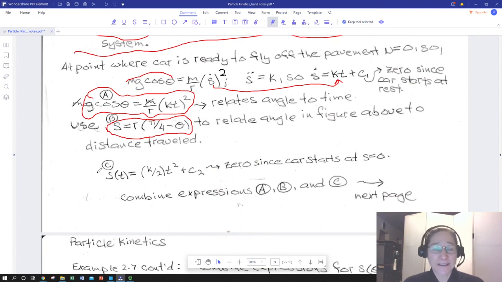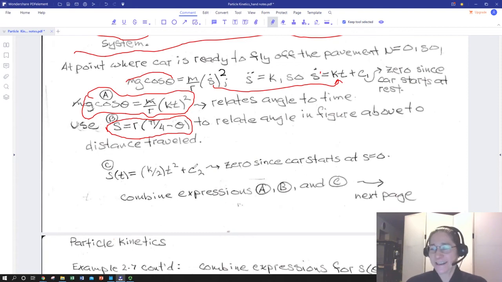So if we put all that together, now we need an expression for s in terms of k, no problem. We do that by just integrating this again. So we integrate s dot again, so we get k over 2 t squared with our starting position. And we're going to say s is our distance traveled.